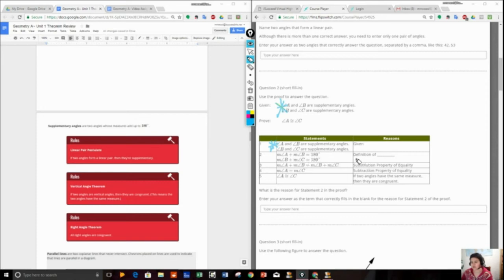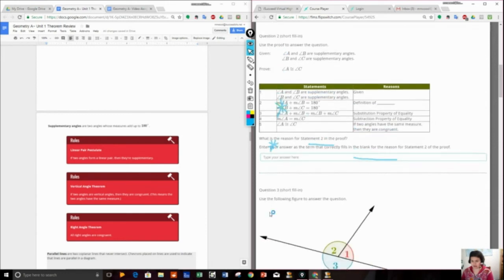And then we come over to the reason and it says definition of blank. Well, I'm going to think back to what I know about supplementary angles. Supplementary angles add up to 180 degrees. So that is the definition of supplementary angles. So we're going to type that in, and please make sure your spelling is correct.